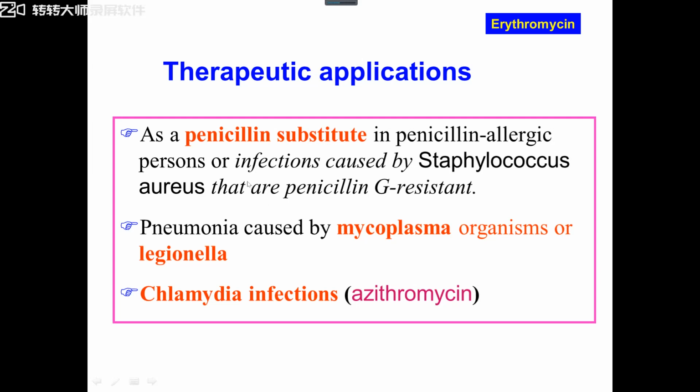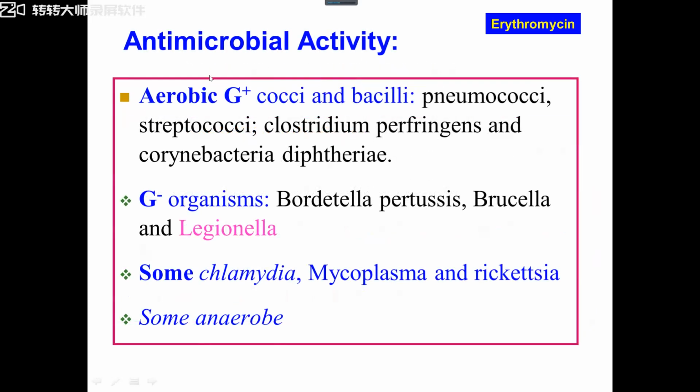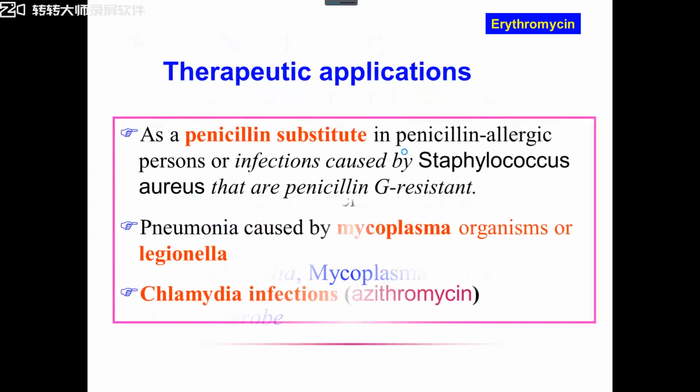So the first clinical use of erythromycins means that when patients couldn't use penicillins, they use erythromycin because they have the same antimicrobial activity against gram-positive cocci and bacilli. So the first clinical use of erythromycin is as a penicillin substitute.